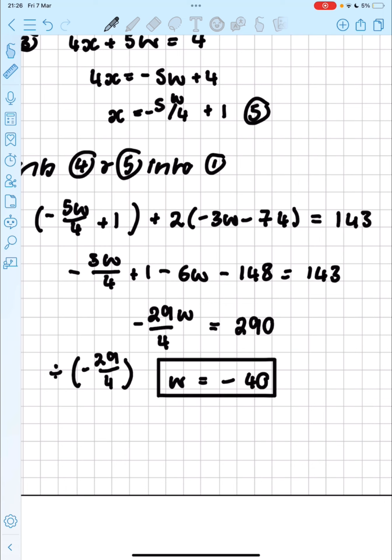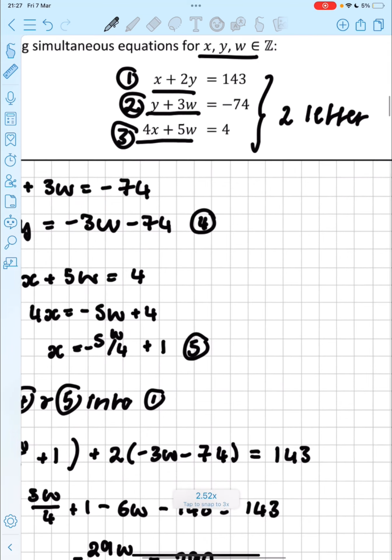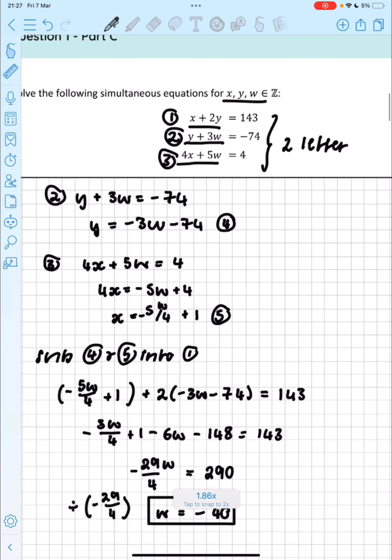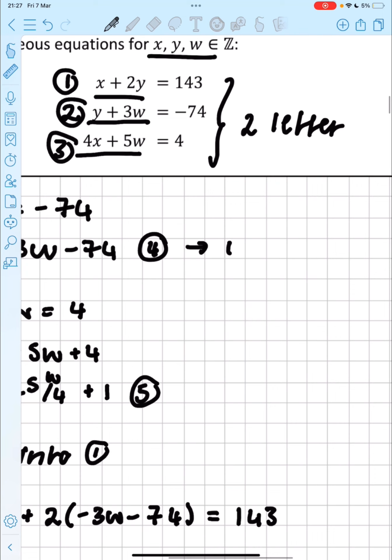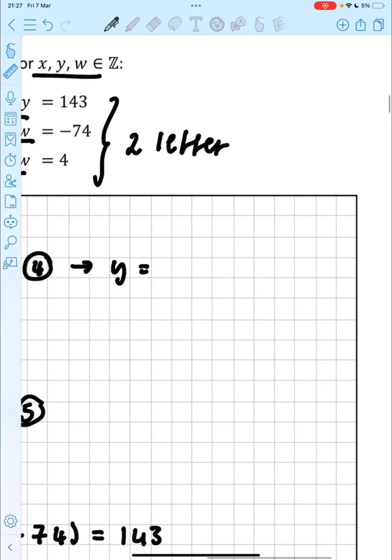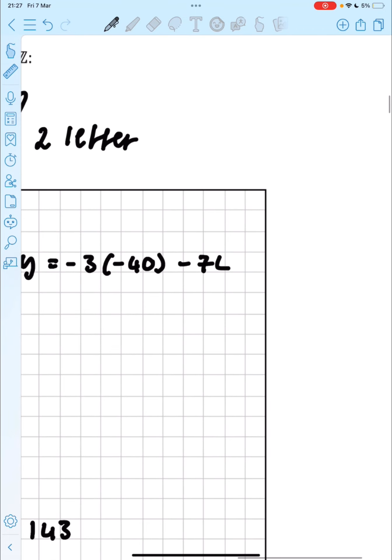Now we want to try and get another one. So I know what w is now, and I know what y and x are in terms of w. So I'm going to sub in my w equals minus 40 into both of these. So y is equal to minus 3 times minus 40 minus 74. Put that in my calculator.